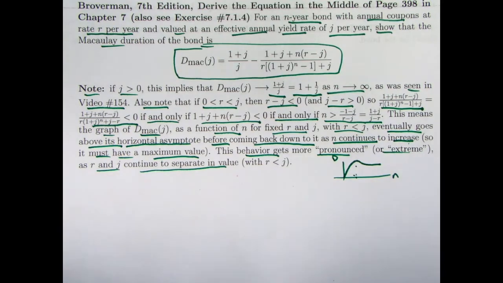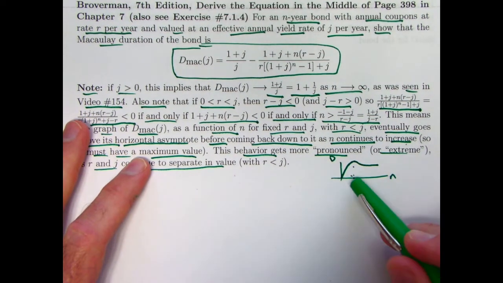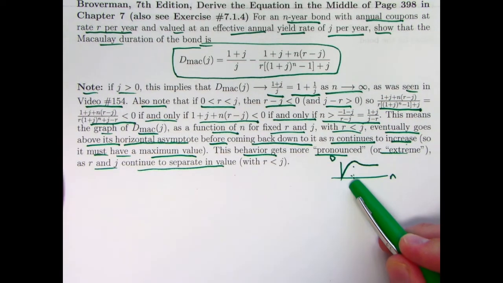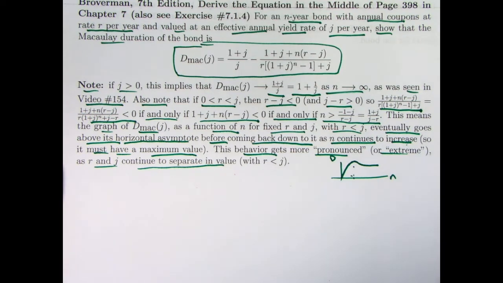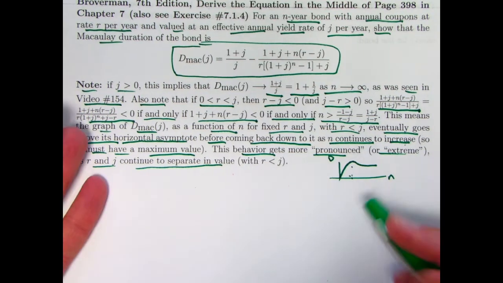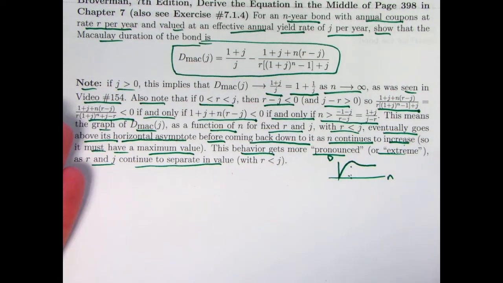What's the practical importance of that? Okay, so when the duration is high, you are subject to something called duration risk. Okay, what does that mean? That means you're more sensitive to changes in the yield rate j. And if you're in a situation where the yield rate is expected to rise, that means the price of your bond is going to go down.